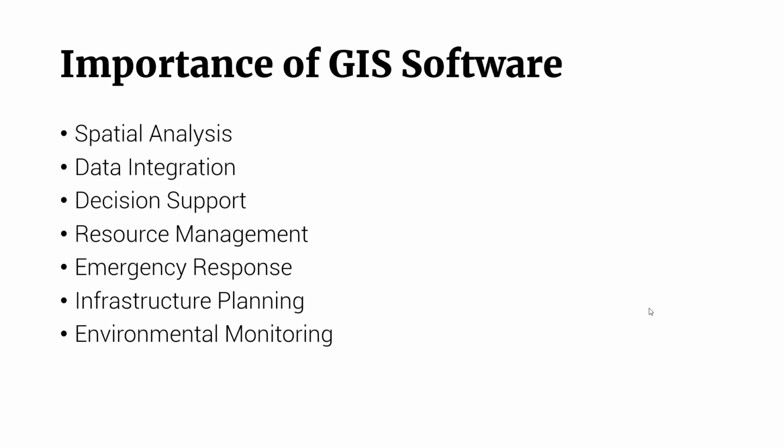Next one is emergency response. GIS software plays a critical role in disaster management by providing real-time data and mapping analysis. Okay, so let us continue. This aids in planning and executing emergency response operations effectively.